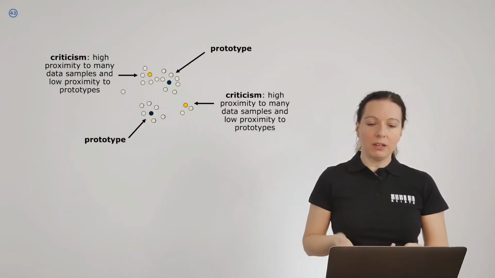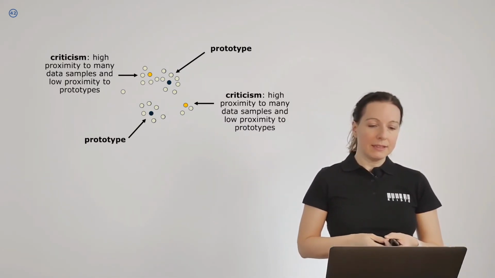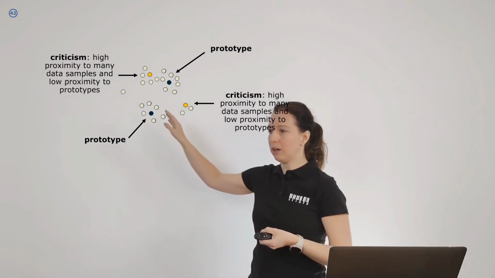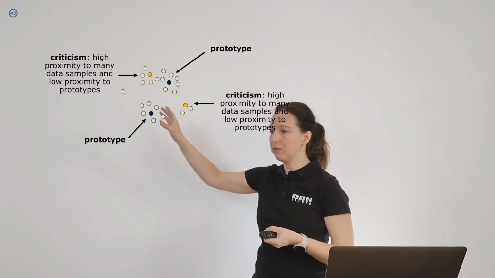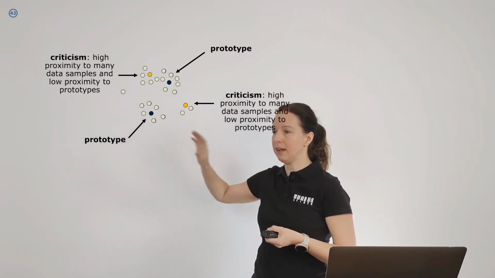So let's come back to our dataset example. So let's say we found two prototypes. We already agreed on this, that they're good representatives of the dataset. So you have here a high density area, here a high density area.